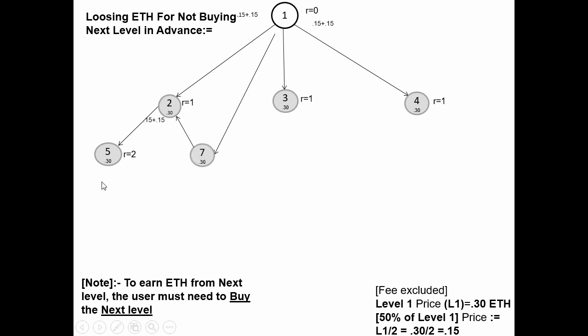What will happen? Here you can see 0.15 goes to this user 2, but he doesn't get the 0.15. This money goes to the system because he didn't buy the second level. That's the reason.